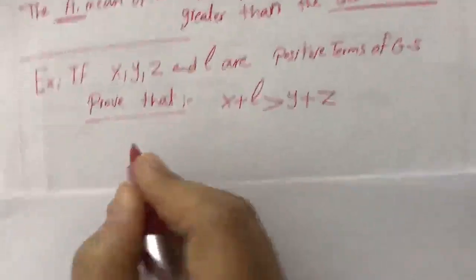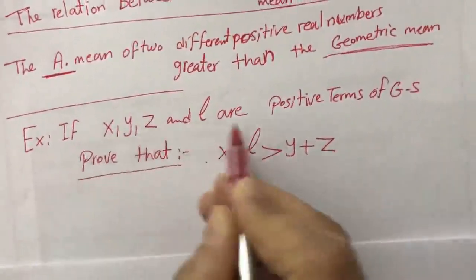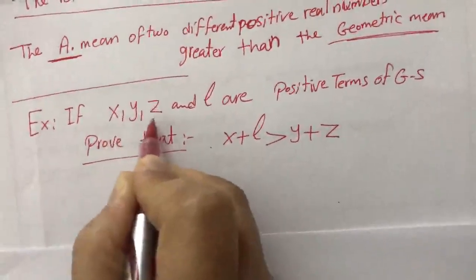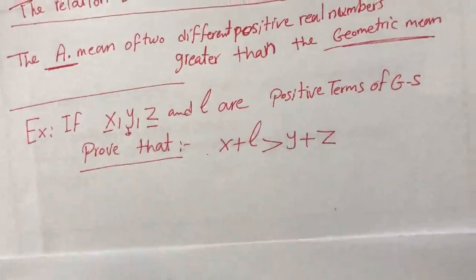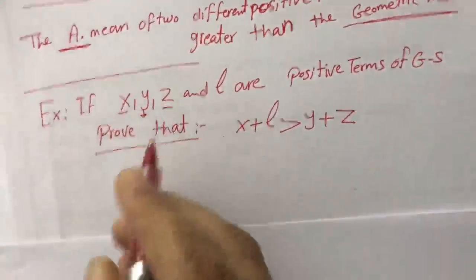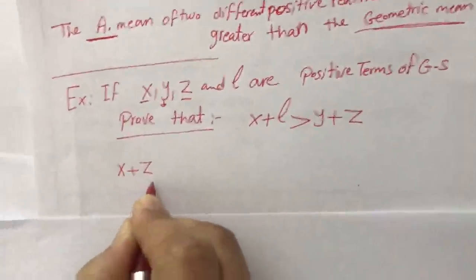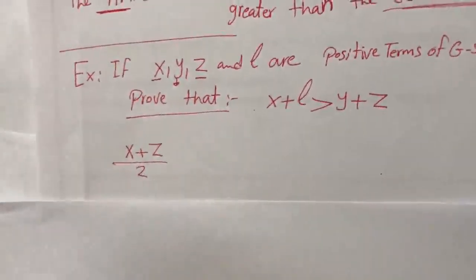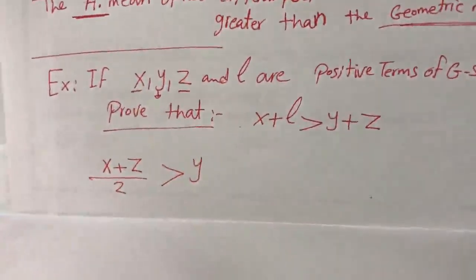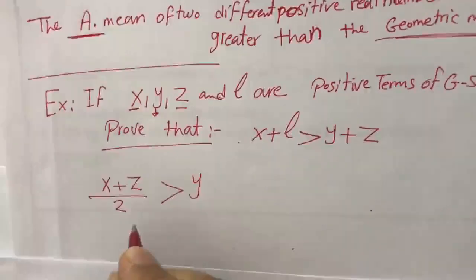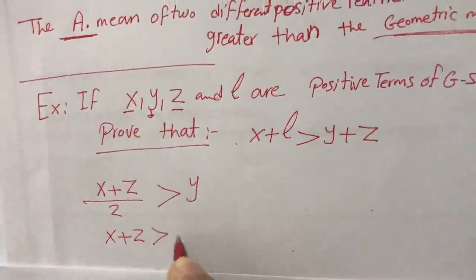In this case, I will say that if they are terms in a sequence, then I have x and z and between them y. This is the geometric mean. If I want to find the arithmetic mean of x and z, x plus z over 2, this is the arithmetic mean. It's bigger than the geometric mean, bigger than y. So from this one, x plus z bigger than 2y.